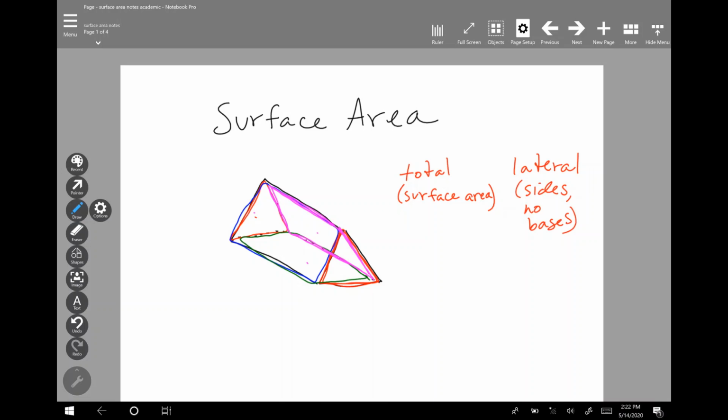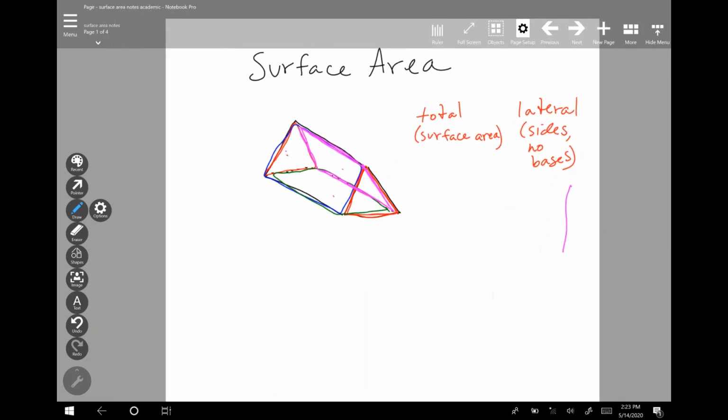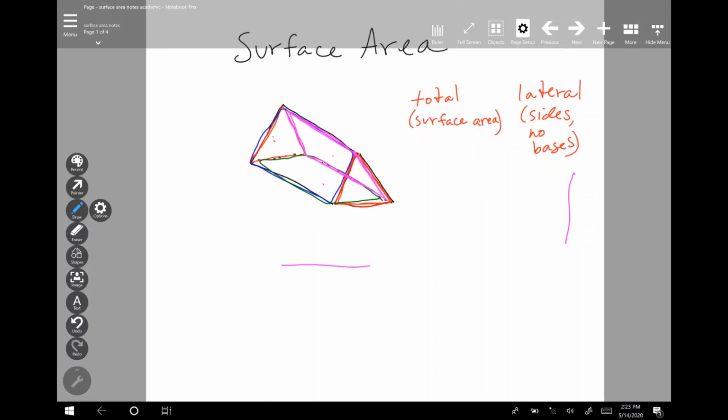Now, if I was just going to do lateral, lateral only, let me actually draw what we call a net here. Basically I'm just taking this triangular prism and flattening it out. Imagine it's like a box, you know, you can flatten it out here.